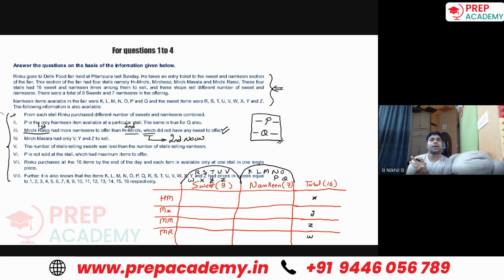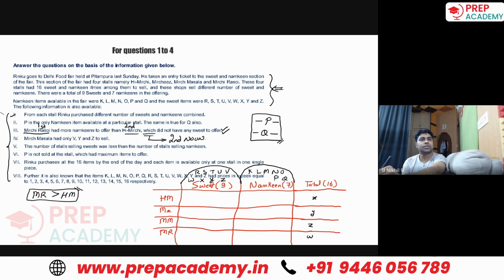So, for this particular question, what do we mean? Mirch Rasoi has more namkeens to offer than Hai Mirchi, which did not have any sweet to offer.